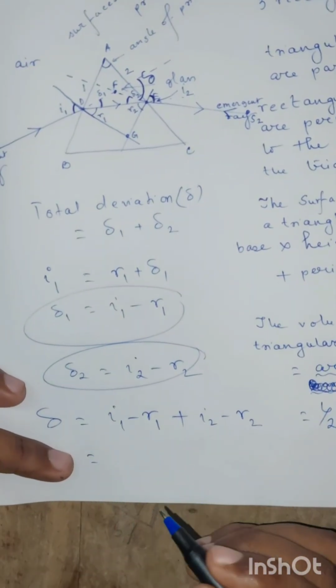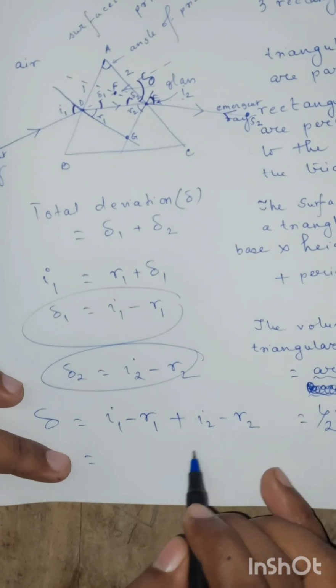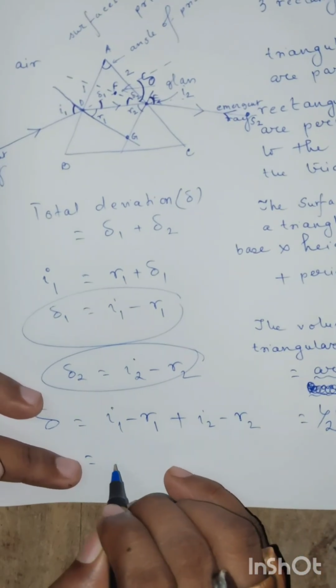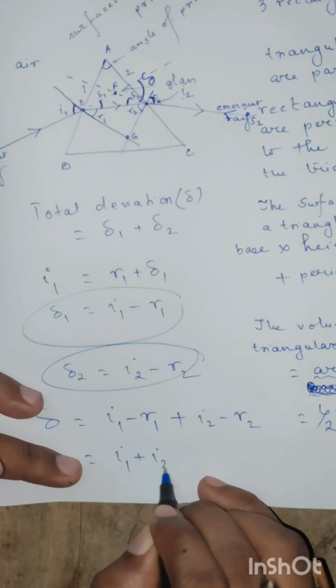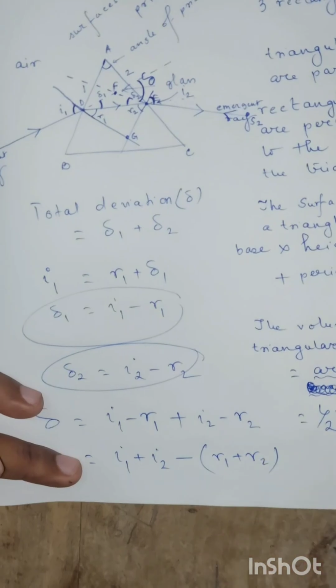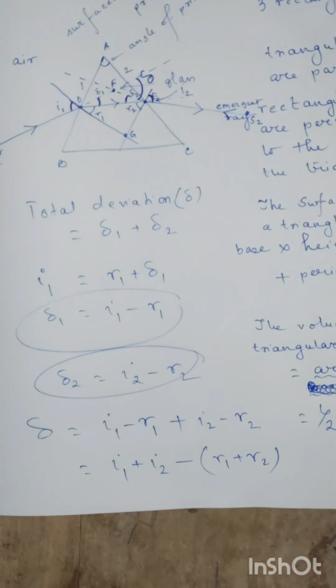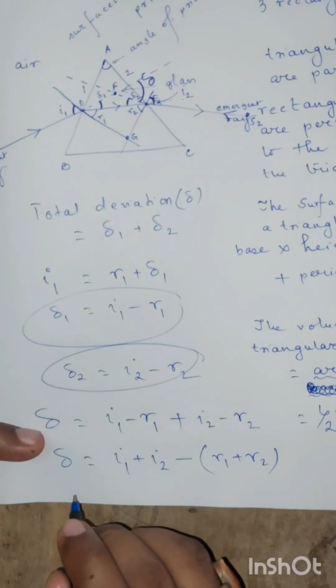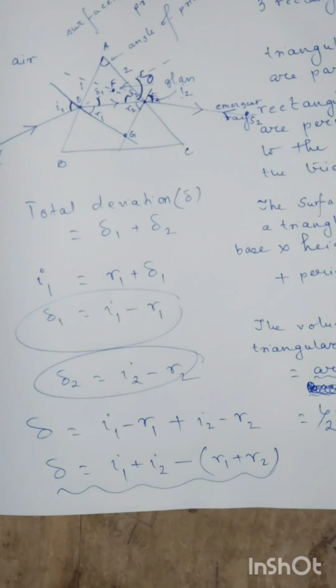So I1 plus I2, we are taking minus common, so within bracket R1 plus R2. This is the value of delta. Now if we think about it, it is difficult to measure R1 and R2 because they are inside the prism.